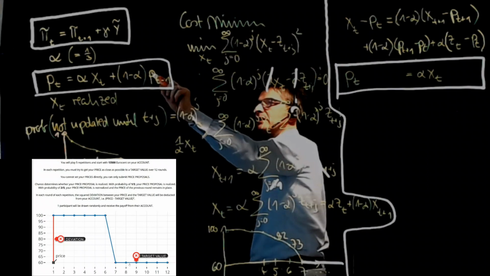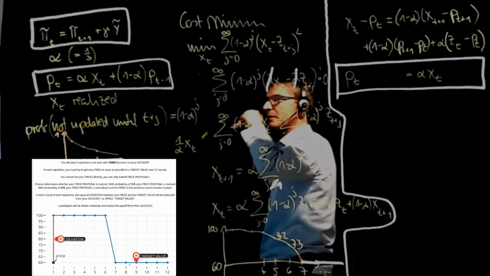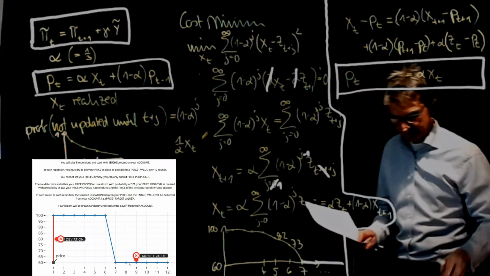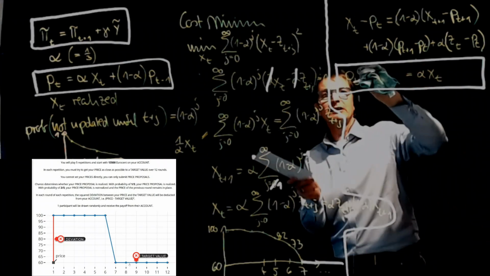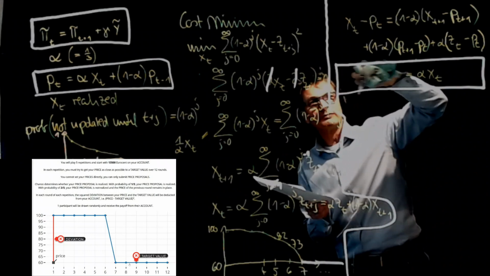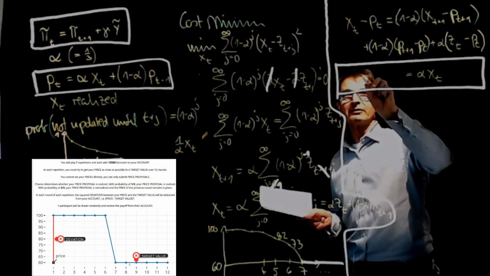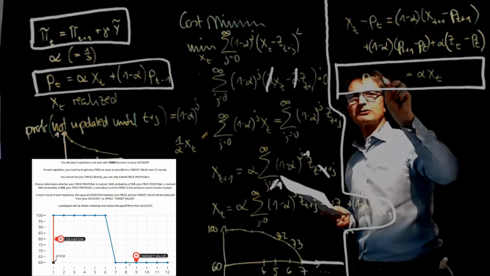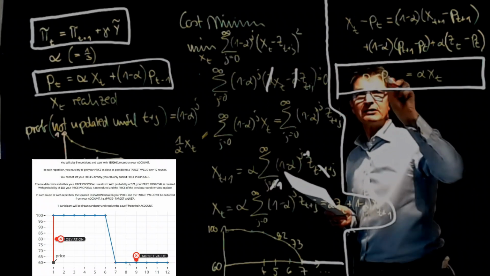This (1 minus alpha) times P_{t-1}, I bring this to the left-hand side. So this is just P_t here. So I am now subtracting the P_{t-1}.